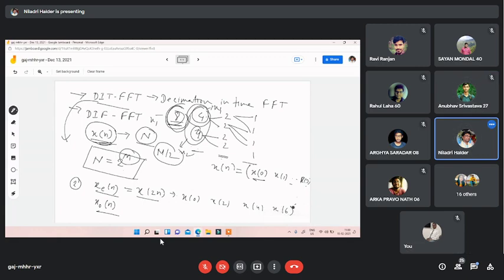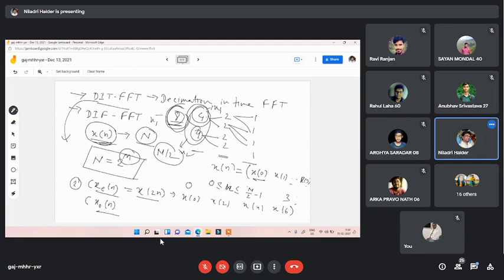So what is the length? 1 2 3 4. It starts from 0, it ends at 3. What is the meaning of that? Whenever you are splitting into even and odd parts, the length is split, n varies from 0 to N by 2 minus 1, isn't it?